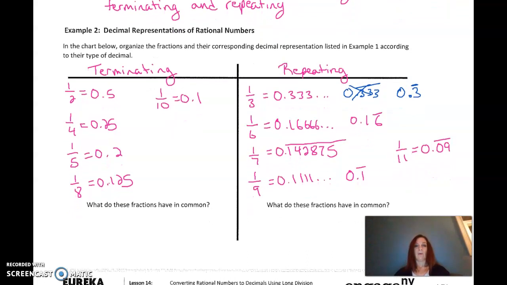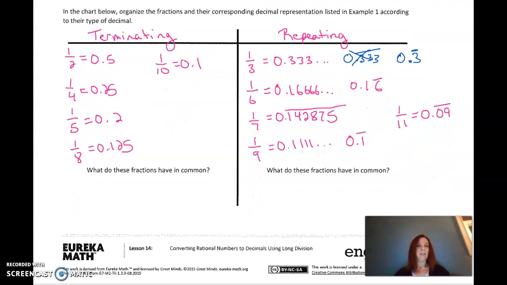All right, so what do these fractions have in common? We could do some research and figure it out, but I'm going to help us along here.